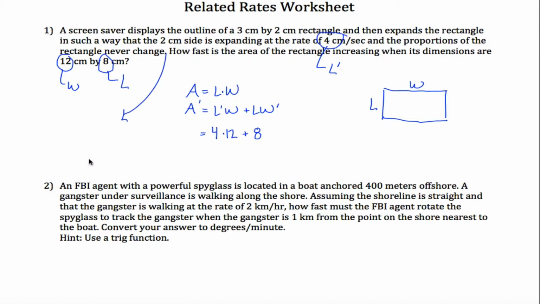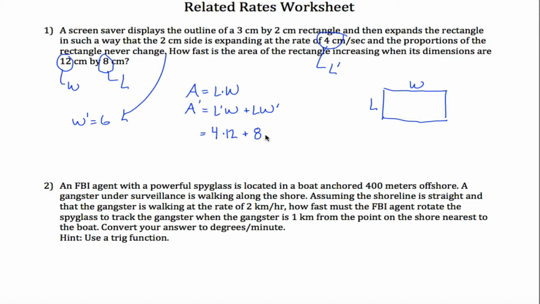So because the proportions of the rectangle never change, it starts out so that the width is 50% bigger than the length. And I need the width to remain 50% bigger than the length. So if the length is growing at a rate of 4, I need the width to grow at a rate 50% greater than 4. In other words, W prime will be equal to 6. A little bit tricky that wasn't told explicitly that you had to figure that out.